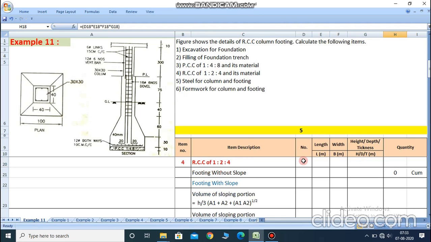Now the fourth point is the RCC of 1:2:4. Here there is footing with slope and footing without slope.